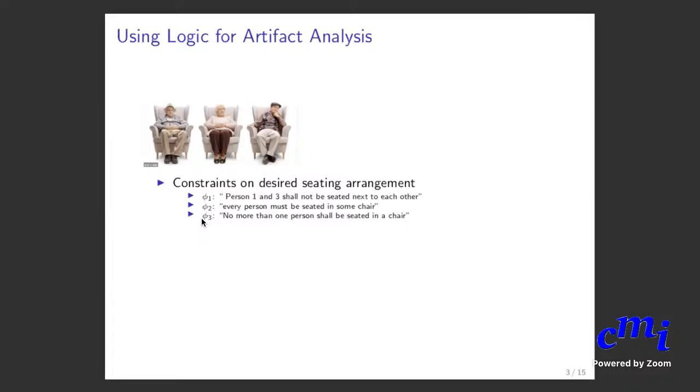Okay, so is it possible to seat these three, one and three? Say this person is one and this person is three. So this is one kind of thing: coming up with a possible seating arrangement such that these constraints are satisfied. So how do you do it?